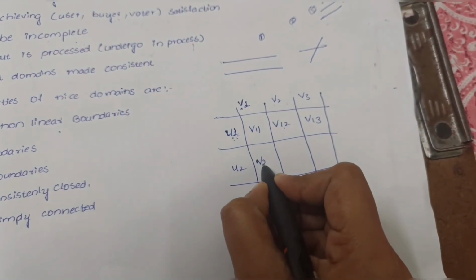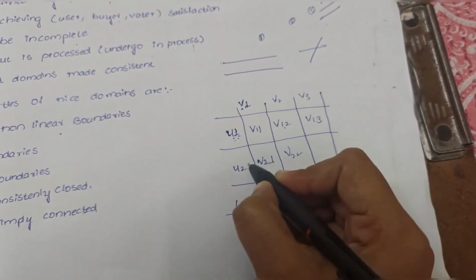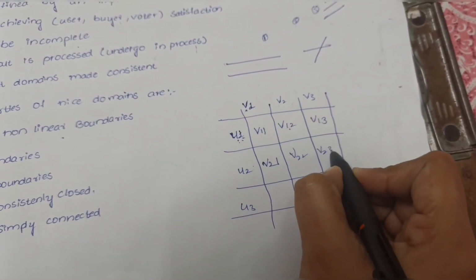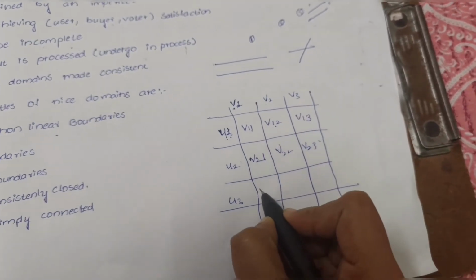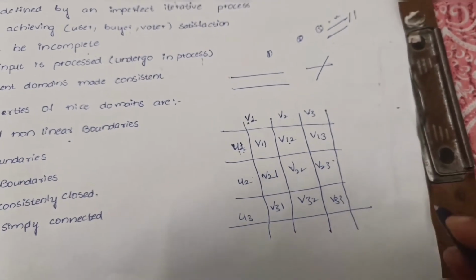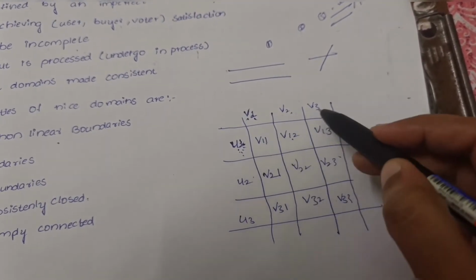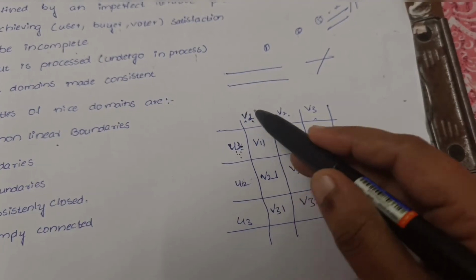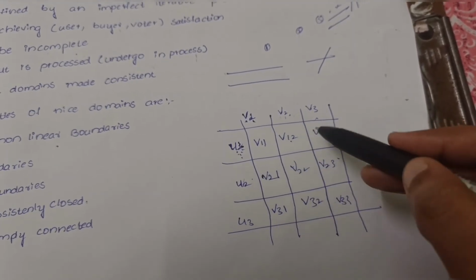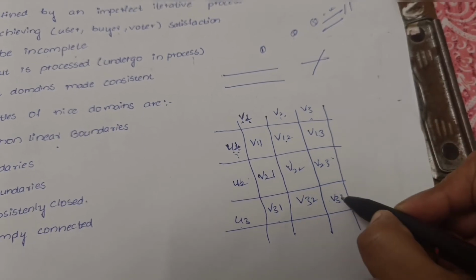Here V21, V22, V23, and V31, V32, and V33. This can be defined like V11, V12, V13, V21, V22, V23, V31, V32, and V33.